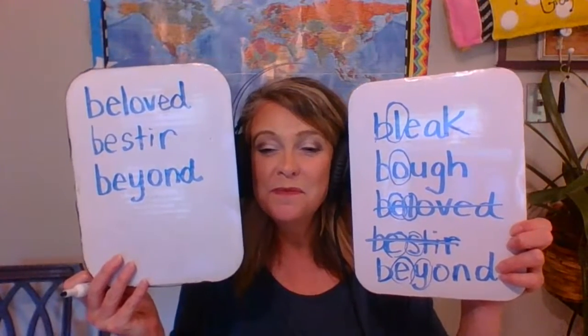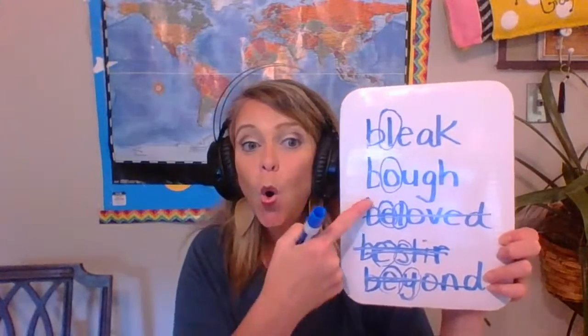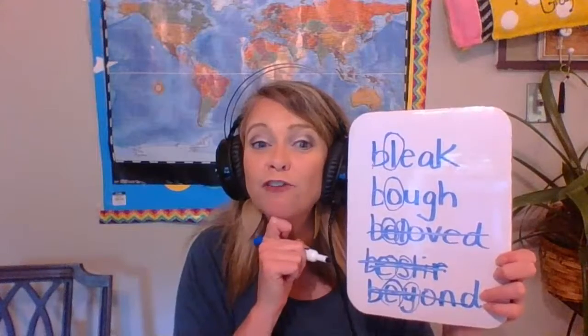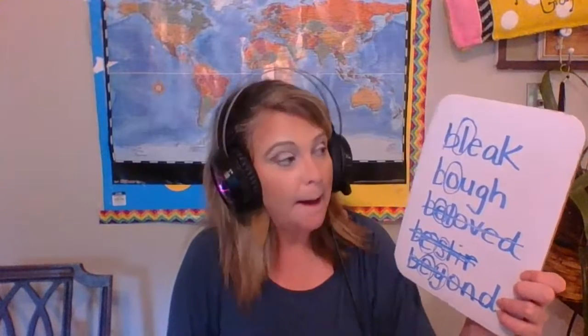Okay. Now I have 2 words left. I've used these 3, and I want to use bleak or bow. Which one of those comes first alphabetically? BL or BO? BL. Very good. So the next word would be bleak.